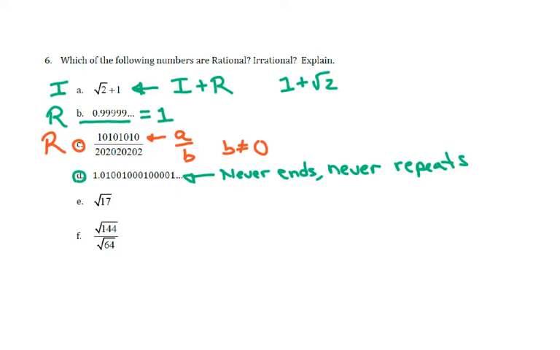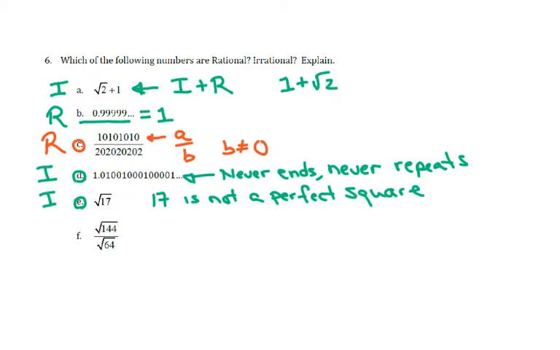This is irrational. Square root of 17. 17 is not a perfect square. So this is also irrational.